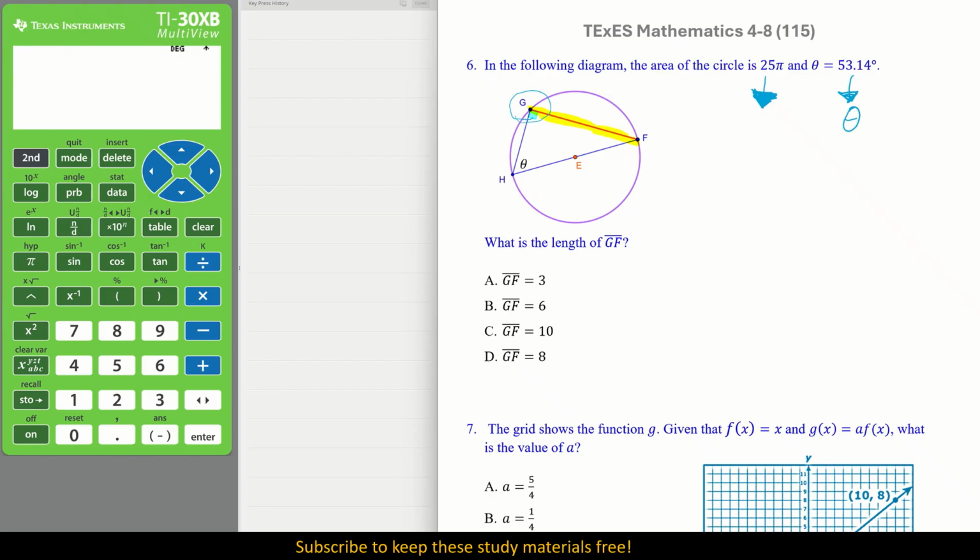And we are being given r squared. Because that equals 25, we know that r has to be 5. So I know this is 5 and this is 5, and the entire thing equals 10. Well, what I'm seeing is 2 times 5 equals 10.